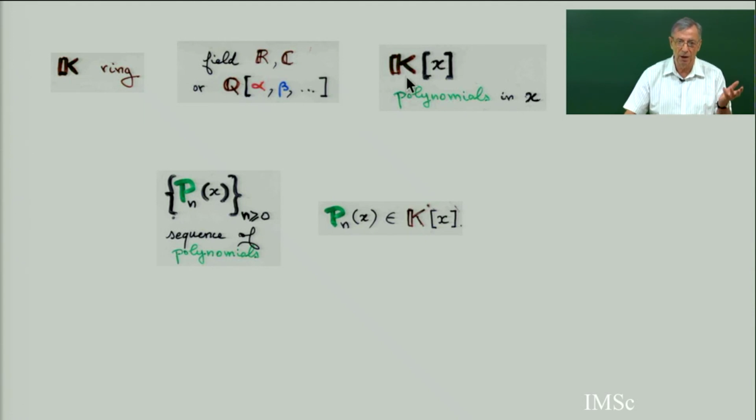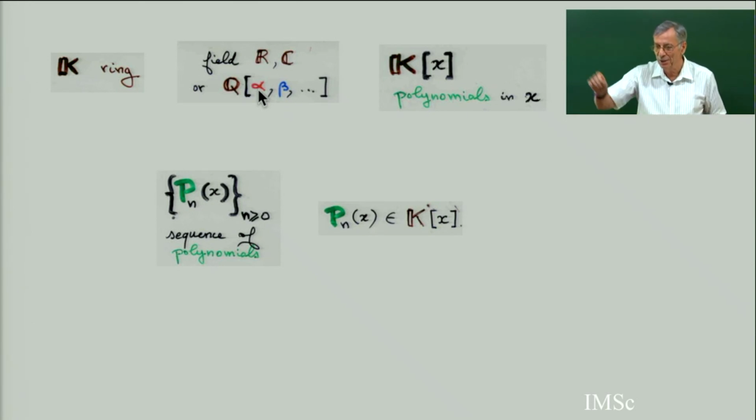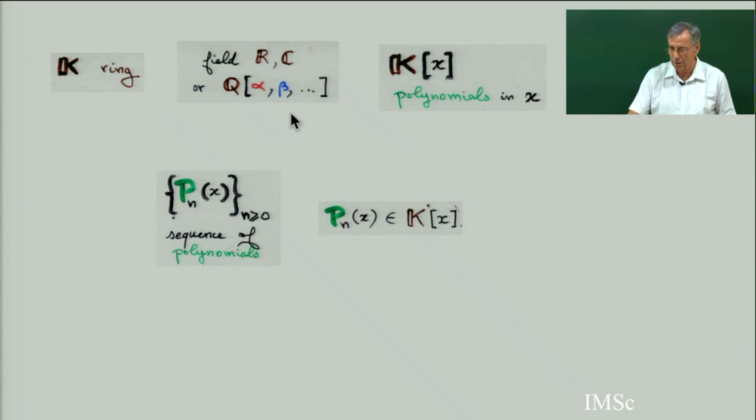So I will have polynomials in one variable x, and k maybe with the ring of polynomials in the formal parameters. But for me, all alpha, beta will be formal variables. And at the end, maybe I will put alpha equal to 1 over 2, or alpha positive, or alpha in q, etc. But during all the process, these will be formal letters, formal variables, which are different from the x.